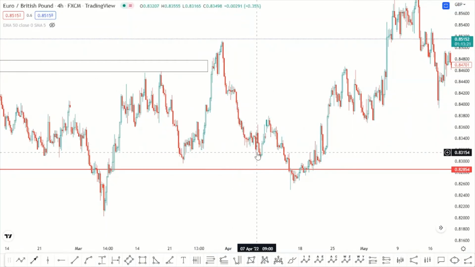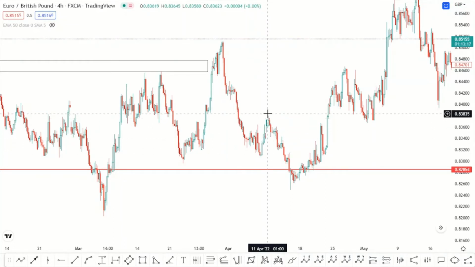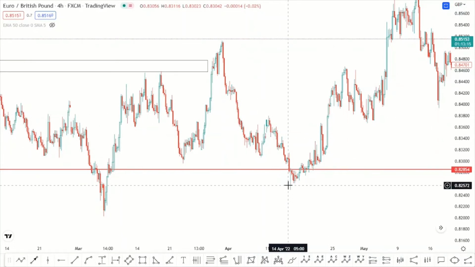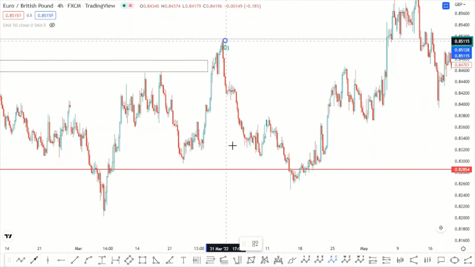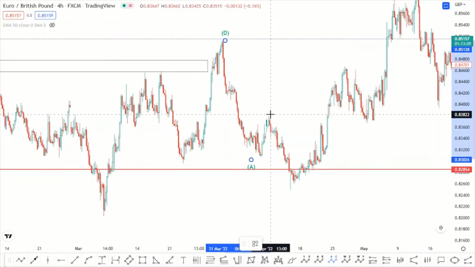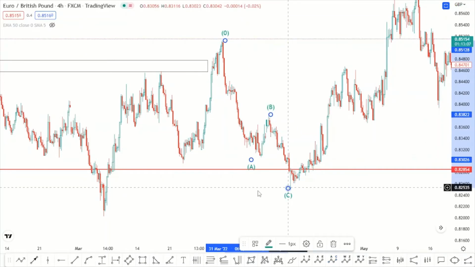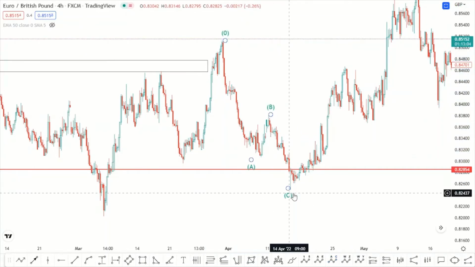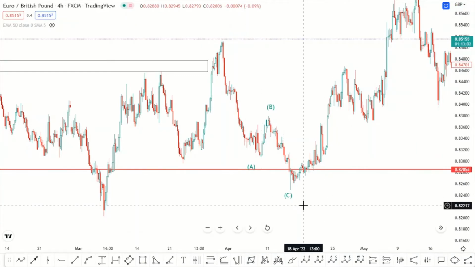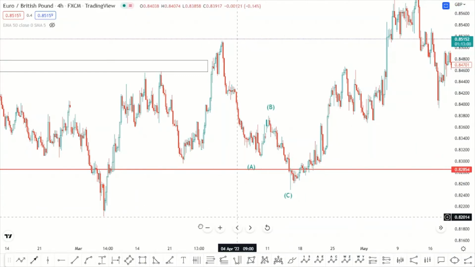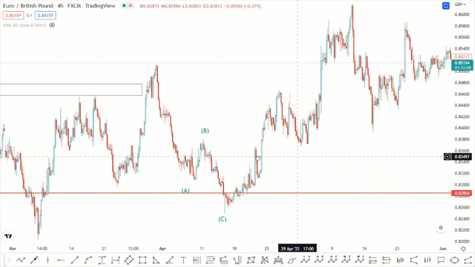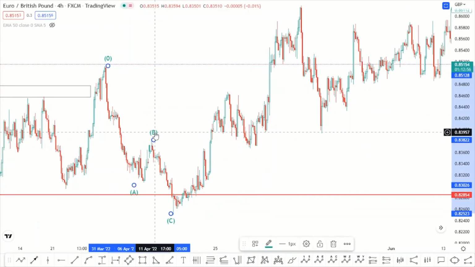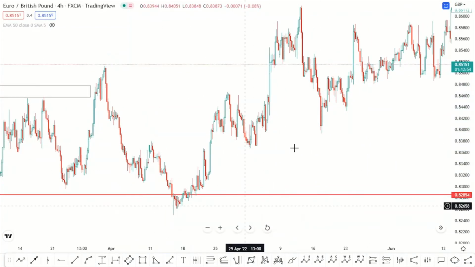Is it a correction or impulse? You don't know until it did the thing, went up, and then came back down again, and you're like, okay, I now have my ABC. It clearly shows to me that its intention is to go bullish at these prices over here, right? So this is how you would have caught this one using that pattern.